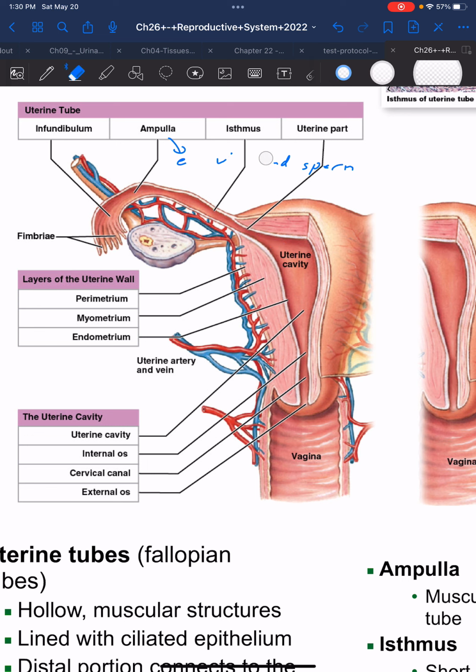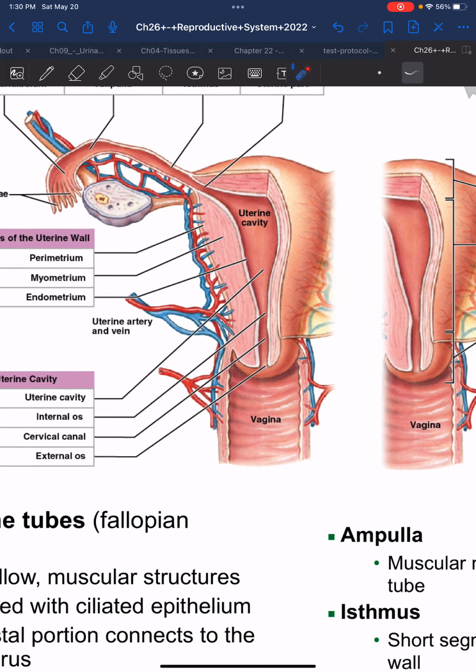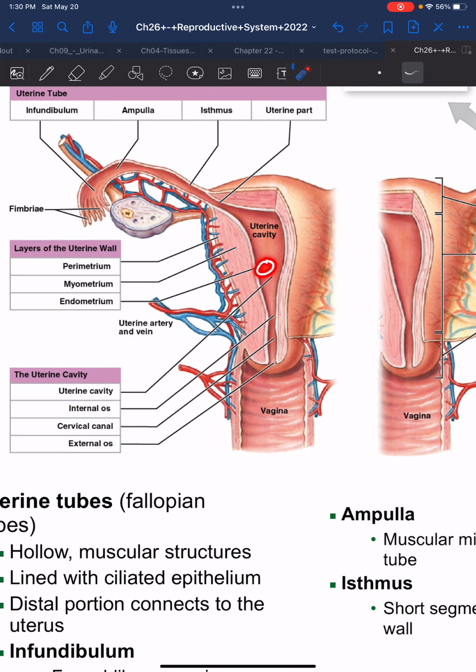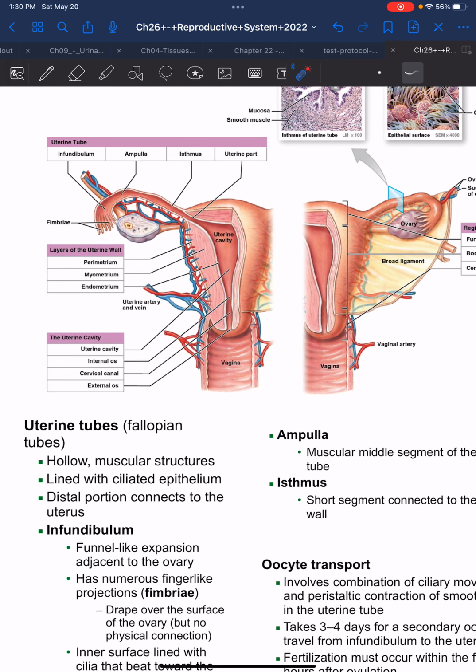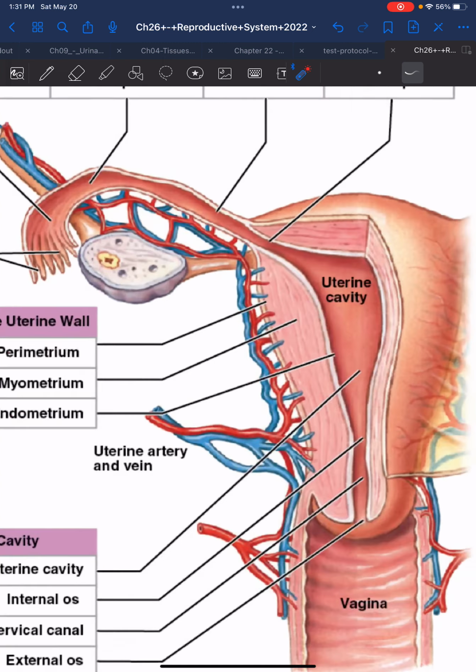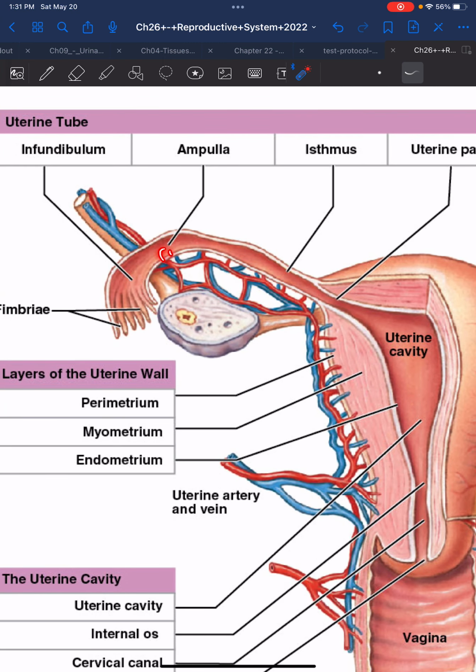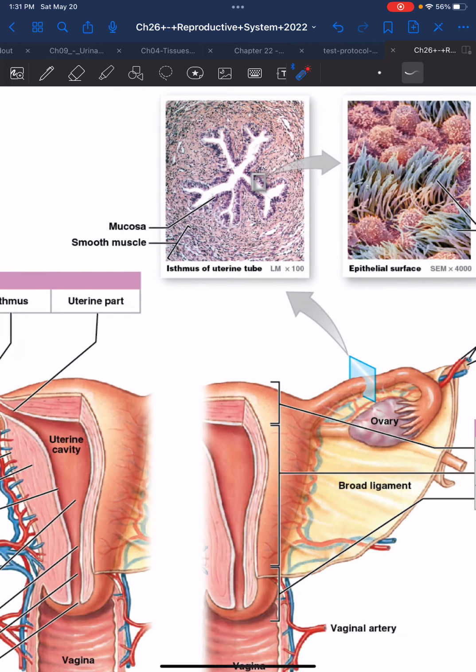That is the passageway that an egg cell will take on its way to the uterus, because recall that the inner lining of the uterus is dedicated to catching a fertilized egg, implanting, and then initiating the process of fetal development. Within this uterine part, there are epithelial cells that have cilia, which is what this little picture is showing.